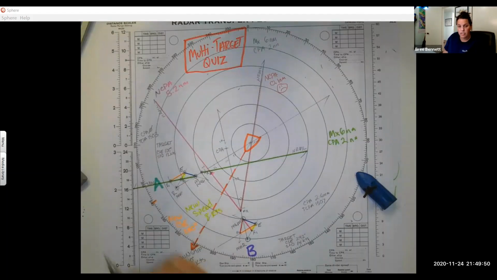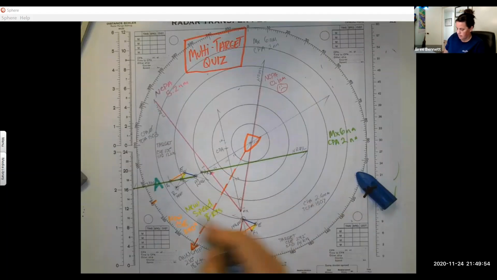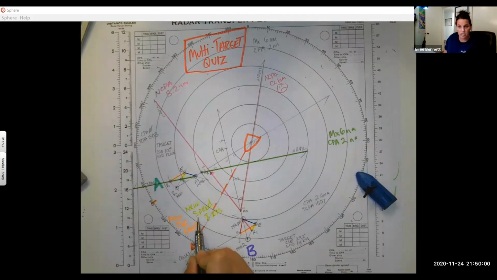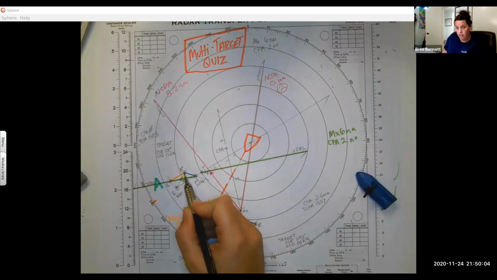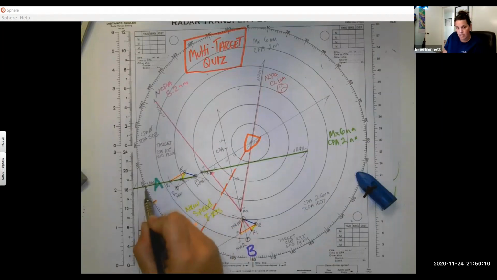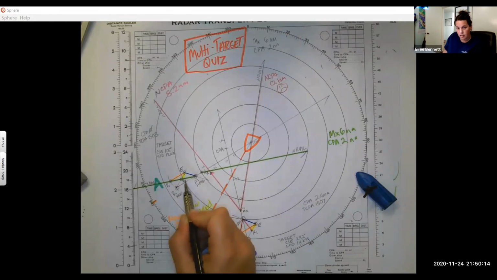Then I had option A. One option was to change course, and one option was to change speed. Those are both going to be from E. So I want E to R prime, but that R prime has to be somewhere along this green line, which is my new relative motion line.